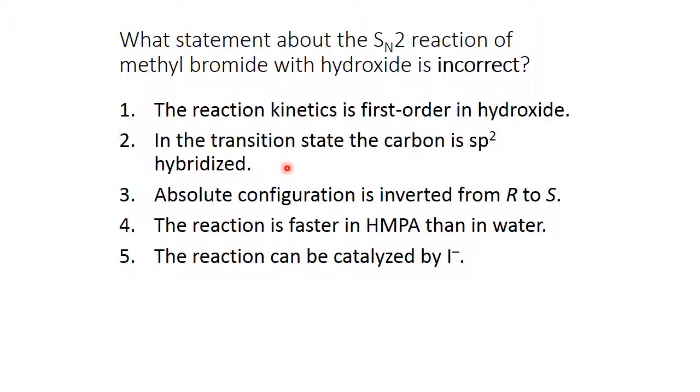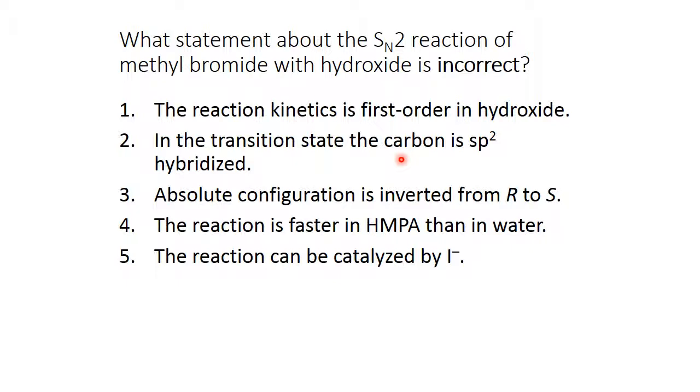In the transition state, the carbon is sp2 hybridized. Well, if you look at the transition state, the leaving group is mostly gone, and the nucleophile has not yet come in, and the carbon is planar. And sp2 is planar, and you have a p orbital that sticks out perpendicular to the plane.